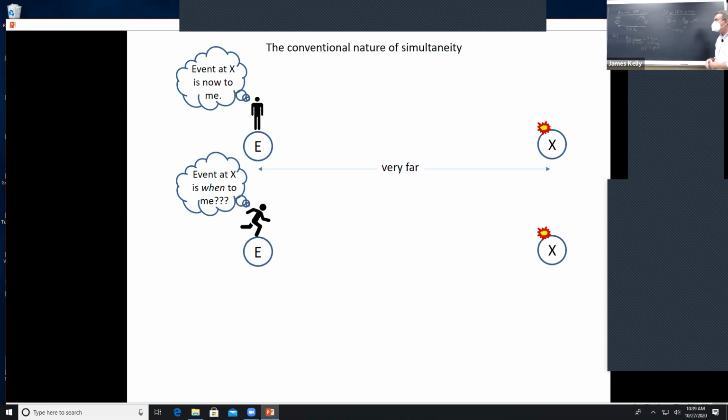So this is technically true even if someone's running at a normal speed. So this person runs toward whatever direction on Earth is that event at X, and I'm asking the question, that event at X is when to me asking this question here on Earth? This is the kind of thinking we were just doing on the worksheet, so help me figure that out.